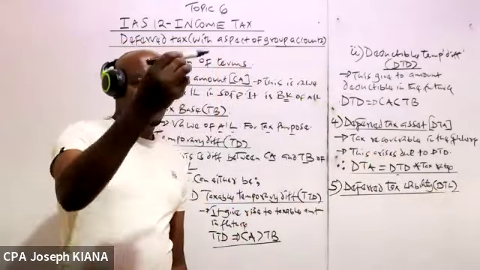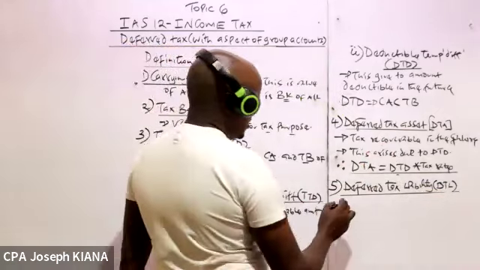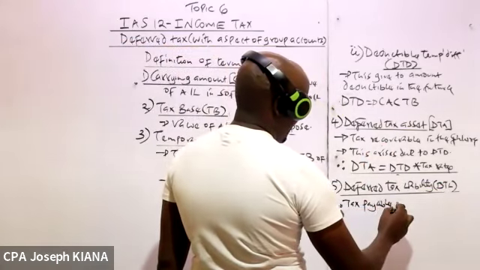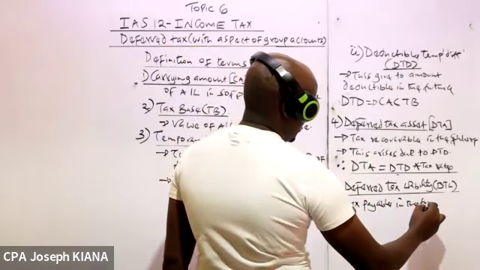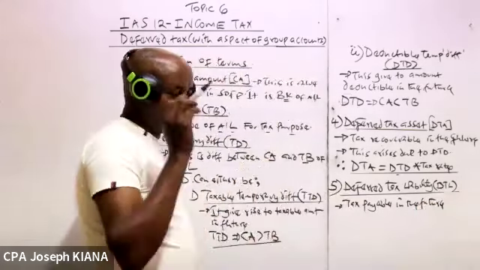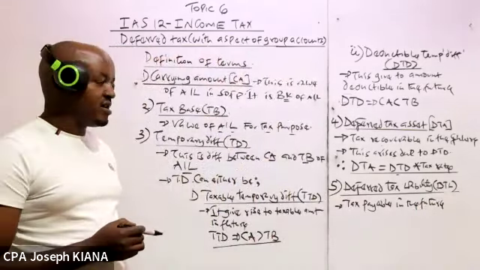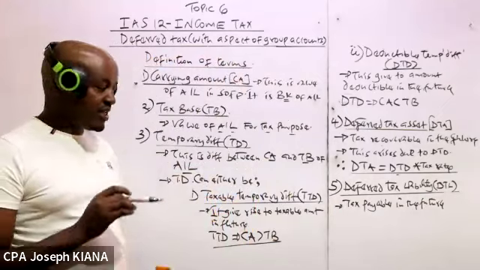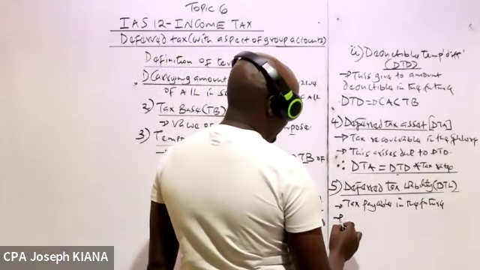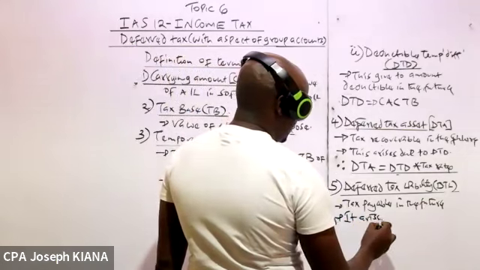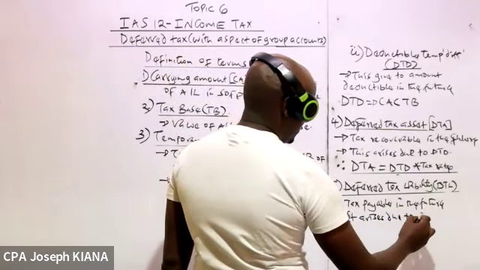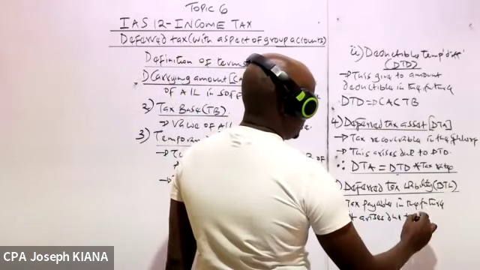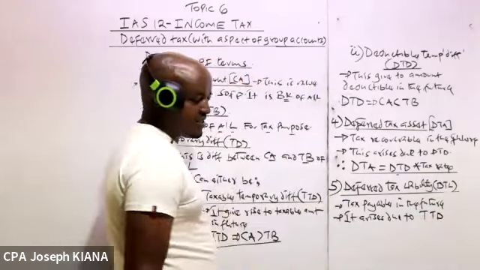So it is a tax payable by the company in the future. And actually, this deferred tax arises due to a taxable temporary difference.